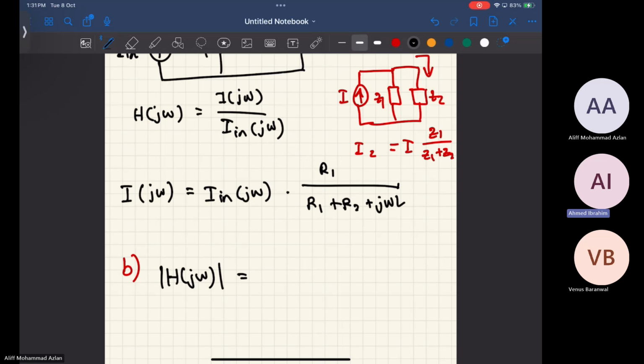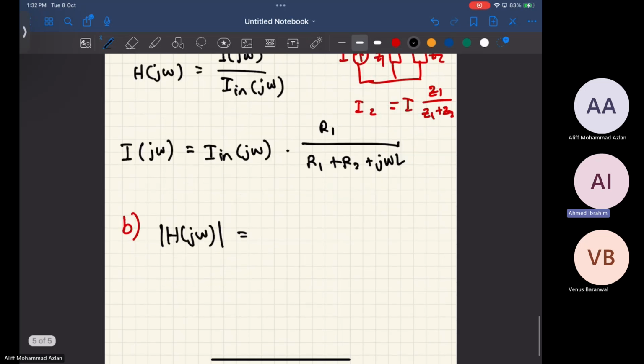So when we have a fraction and we want to find the magnitude of that, that's essentially just the magnitude of the numerator divided by the magnitude of the denominator. So that's the magnitude of R1 divided by the magnitude of this, which is in this case the square root of the real part squared plus imaginary part squared. So that's just complex numbers.